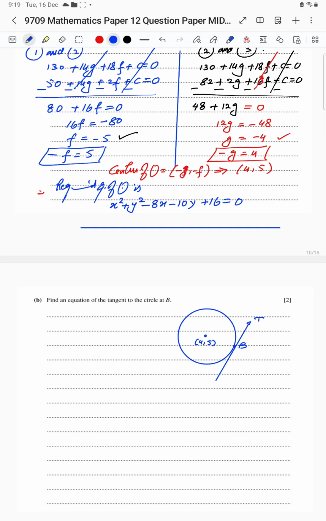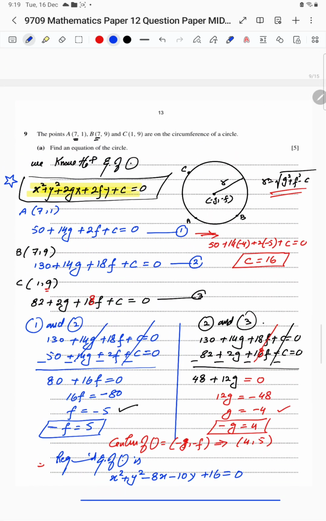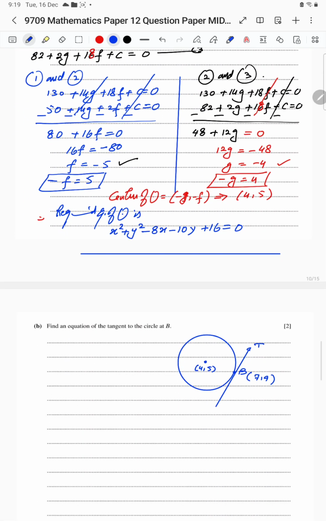Okay, now we have to find the equation of the tangent. First, coordinates of B are 7 and 9. Let me check. Yeah, 7 9 given.